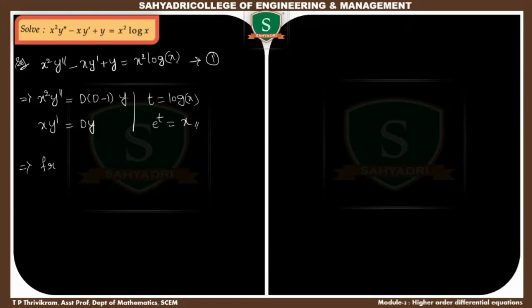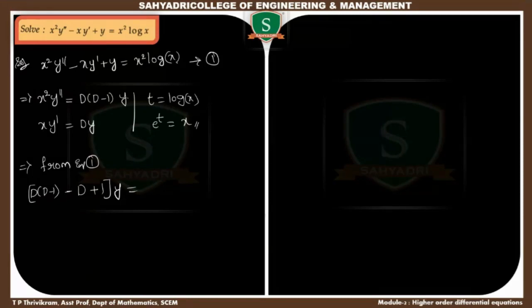From equation 1, you can write it as D into D minus 1 into y minus D plus 1 into y is equal to x square log x. x square means e power 2t, and log x means t.